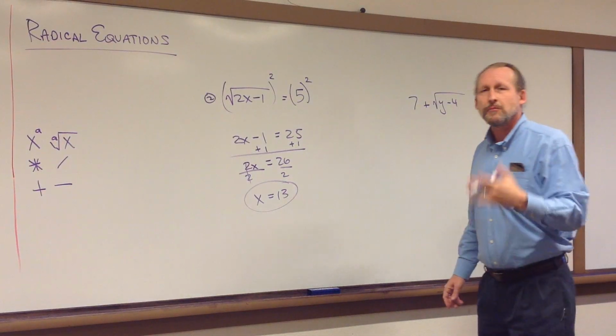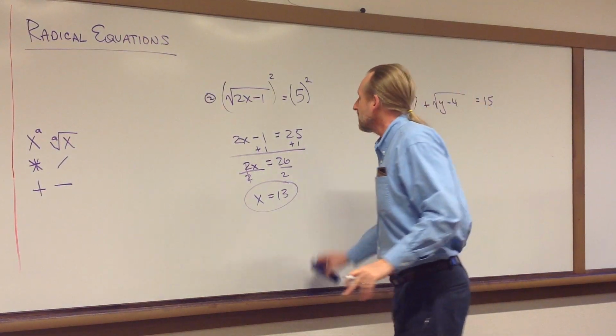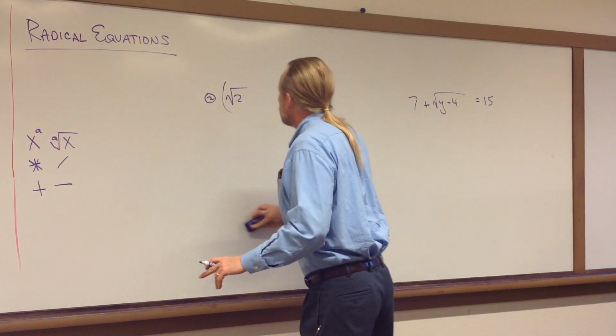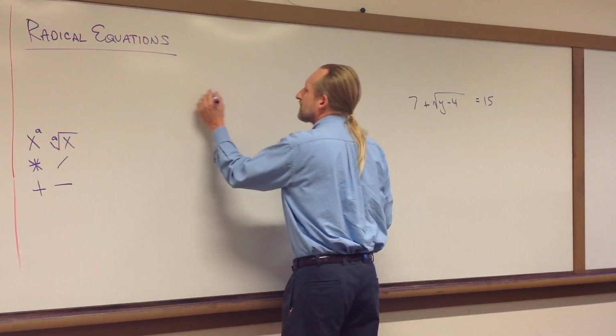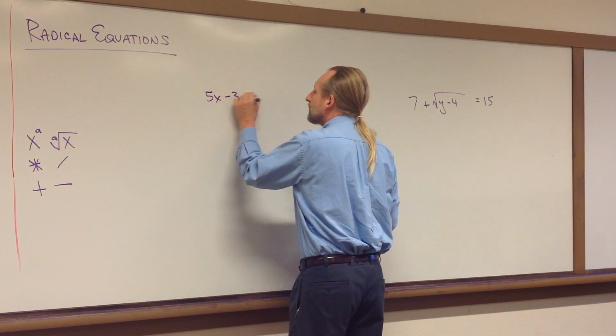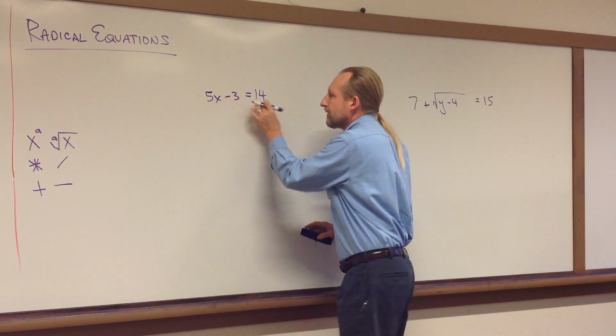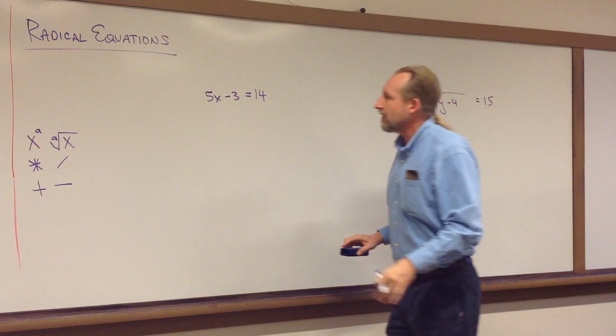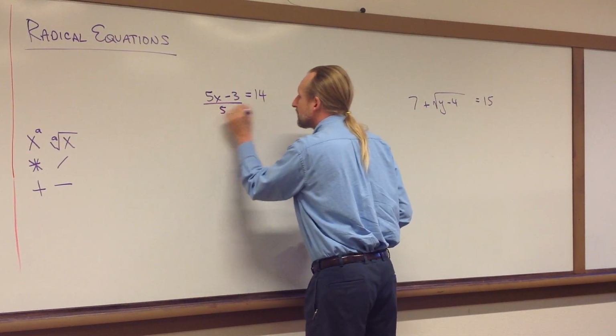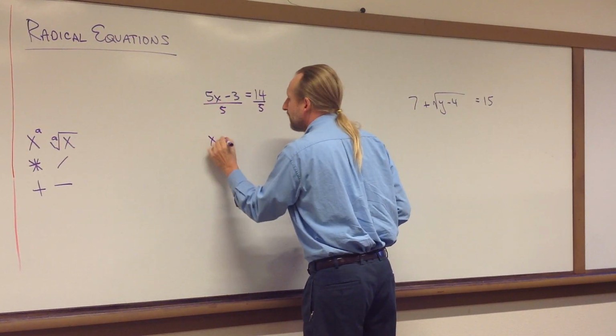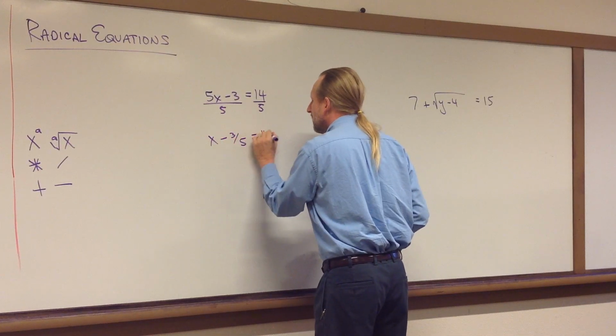It's just like I was just showing Math 60, how when you're solving an equation and you've got something like 5x minus 3 equals 14, I like to add 3 to both sides and then divide by 5. Now there's nothing preventing us from dividing on both sides by 5 to begin with.